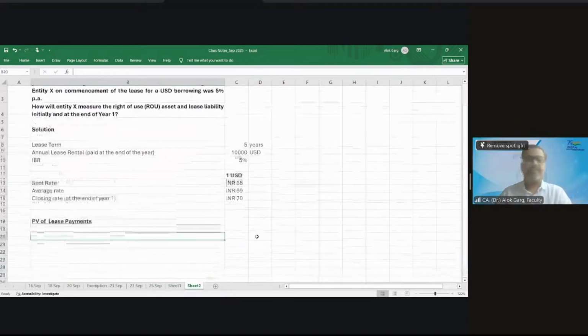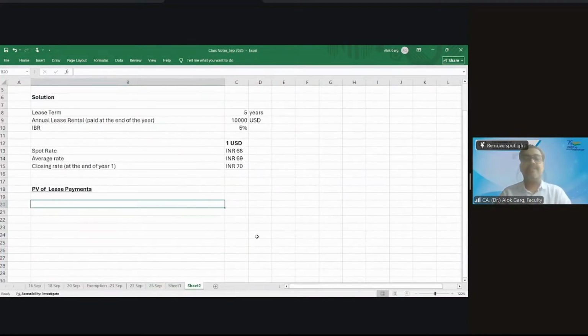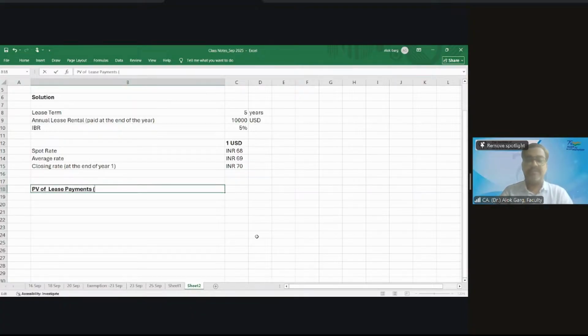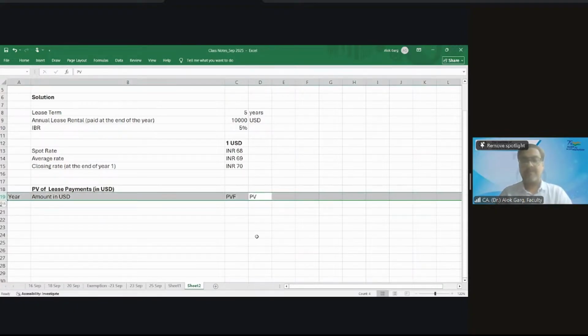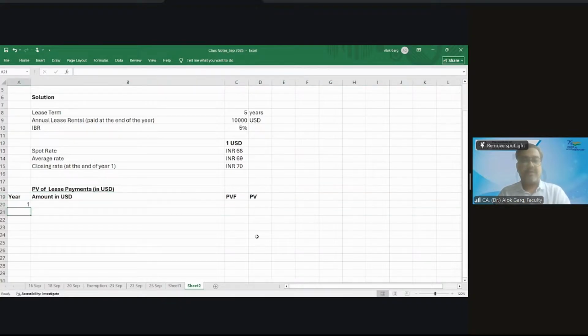So friends, in this case, first I will compute the present value of the lease payments in US dollars. Here we have the year, then the amount, which means the lease rental amount in USD, then the PVF, then the PV. Years 1, 2, 3, 4, 5.